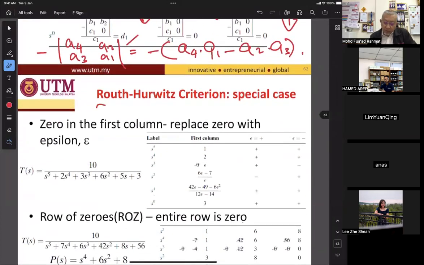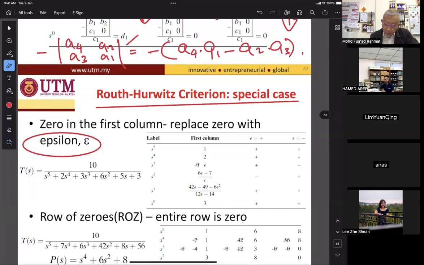And as you know, Routh-Hurwitz has two special cases: 0 in the first column and 0 in the entire row. When you have a 0 in the first column, first you have to replace that 0 with epsilon. Epsilon is a simple positive and negative number. Let's choose epsilon as 1. Then you put -1 and +1 inside the table, and you see what the sign change is.